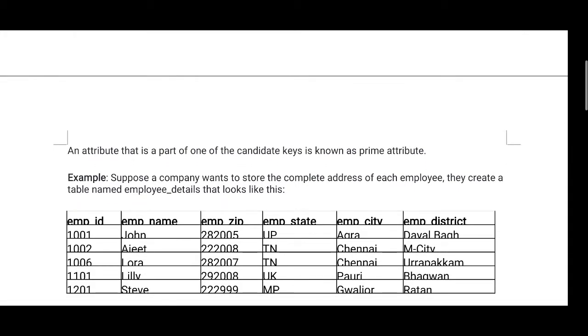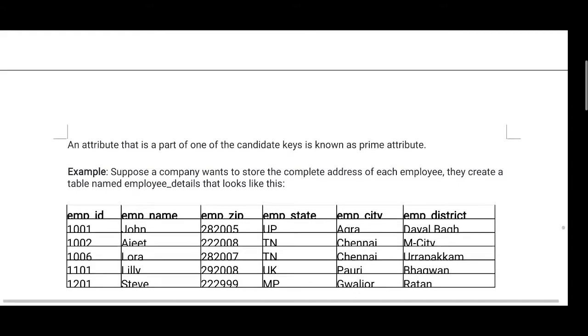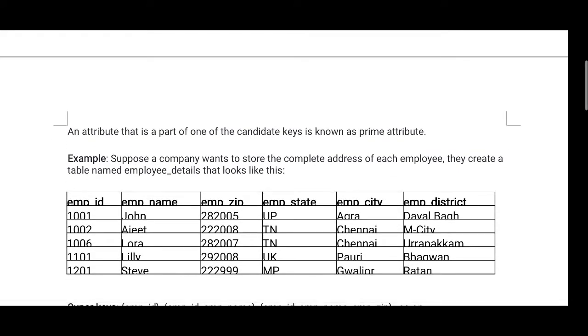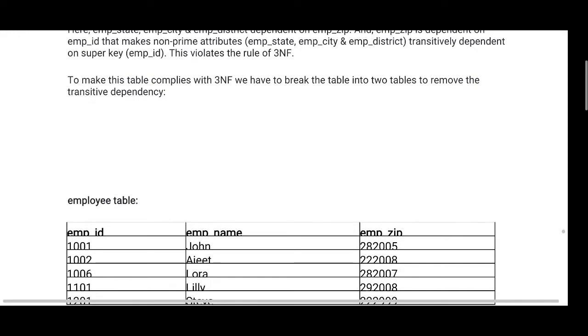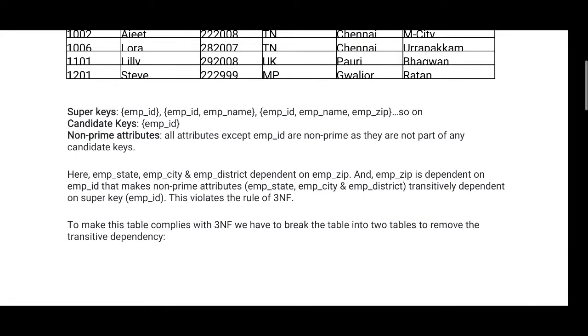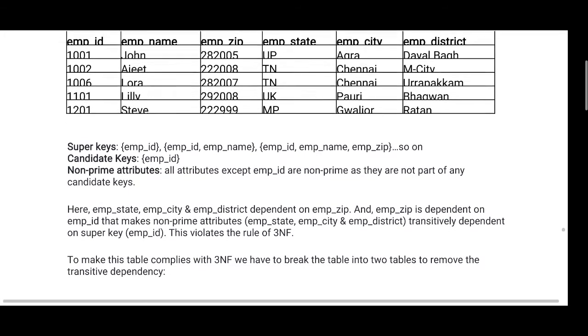Suppose a company wants to store the complete address of each employee. They create a table named employee details that looks like this: employee ID, employee name, employee zip, employee state, employee city, employee district. Here employee ID, employee name, employee zip and so on are candidate keys and super keys.